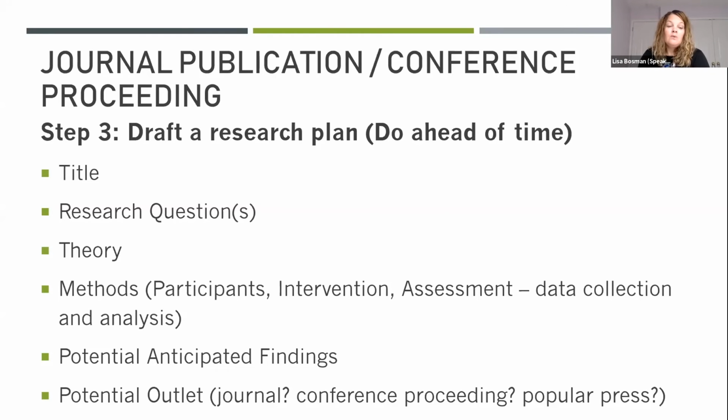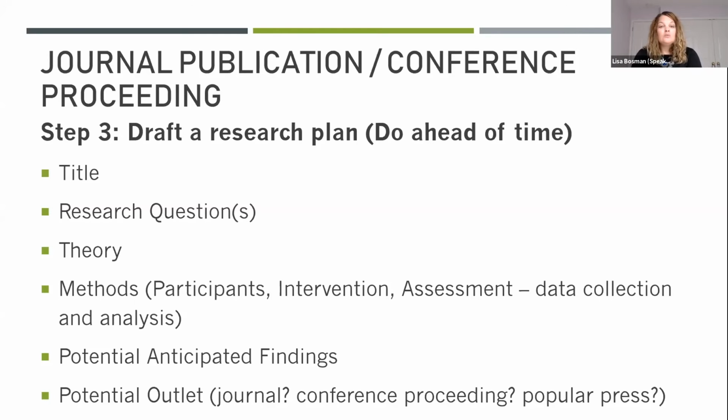The 5th one, which I always think is so important, is the potential anticipated findings. And why I think this is important to address up front is because we always have this so what factor when it comes to research. And so we want to make sure as we're doing this that the so what factor exists.